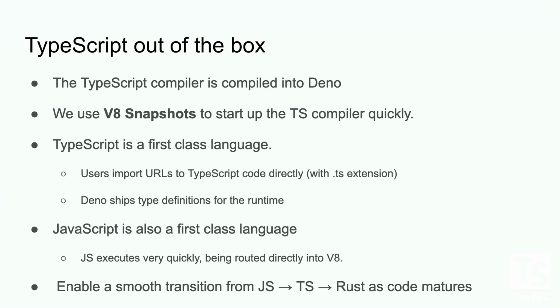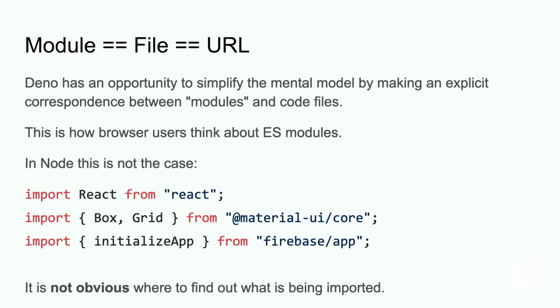So the hope is that with this scripting platform that we have, you can start prototyping code in JavaScript, and if that code doesn't get thrown away, maybe you start adding types to it. You realize this is a production system, and later on maybe realize that some bits and parts of your program are executing very frequently, some hot bits of code, and maybe those need to be moved into Rust.